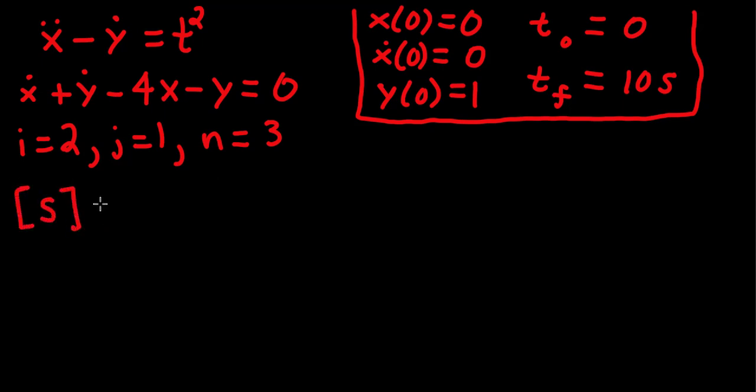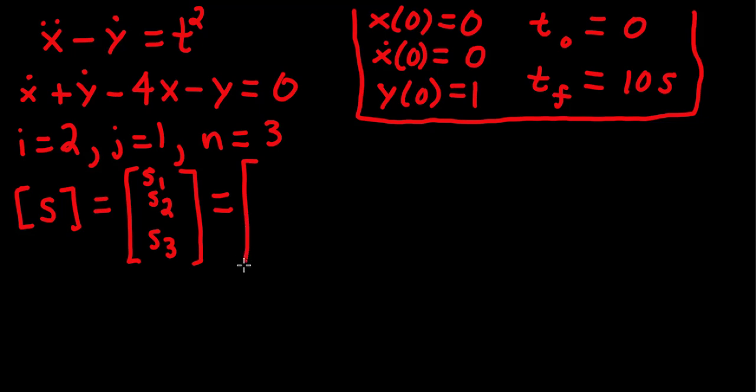So our state vector is going to include 3 state variables. We have s1, s2, s3. And following our definitions, that gives us x, x dot, and y here.